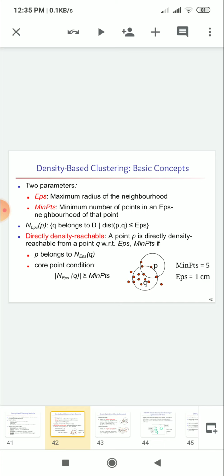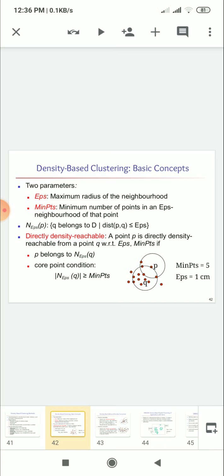In this, different terms are there. One is directly density reachable. A point P is directly density reachable from point Q with respect to epsilon and minimum points if P belongs to N epsilon of Q and the core point condition holds: N epsilon of Q is greater than minimum points. Here we can see that minimum points is given as 5 and epsilon is equal to 1 centimeter.